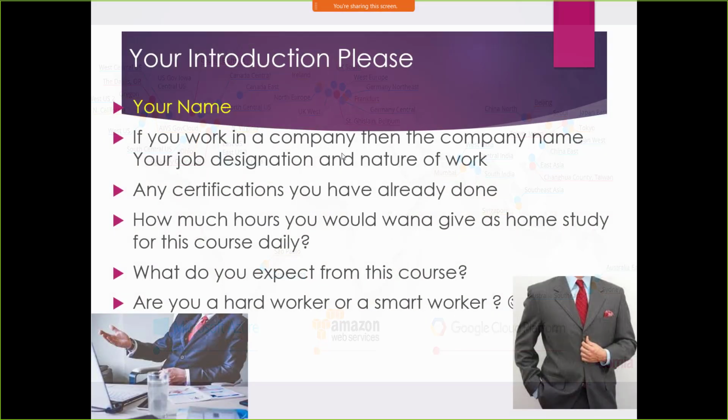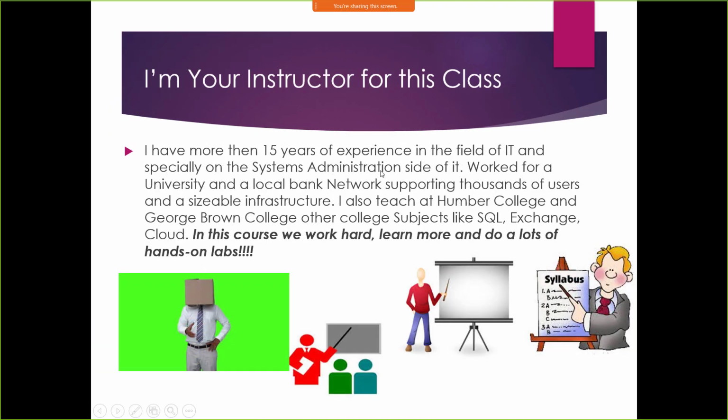Normally I ask for introductions, but it's okay. In the second or third class, maybe I'll ask you that. Since I'm going through the slides, I have introduced myself as well. My name is Amir Shahzad, and I have more than 15 years of experience in IT. I was a system administrator in a university back home, and there was a Windows environment, Citrix environment, and Exchange server we had there. Then I came 7 years ago to Canada, and I got a job in Scotiabank.